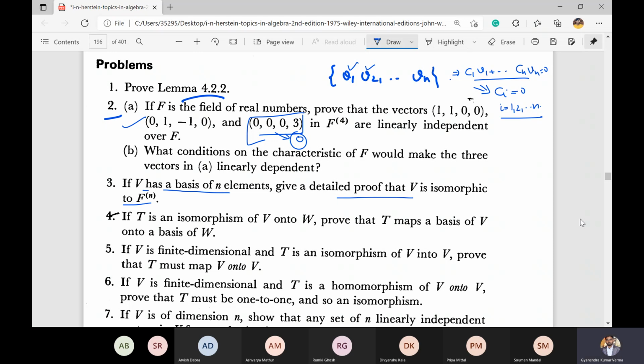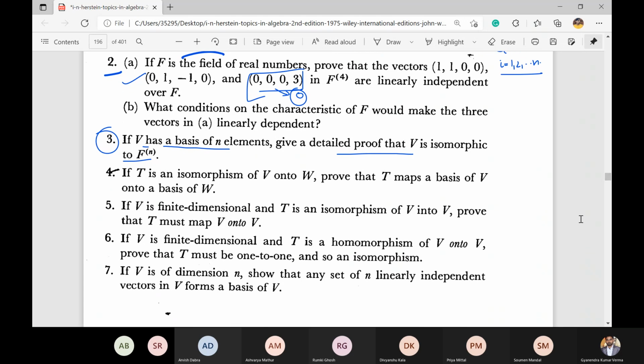Okay, how do you solve question number 3? Anyone? Since the basis has n elements, we can represent any vector of V as alpha 1 V1 plus dot dot alpha n Vn.